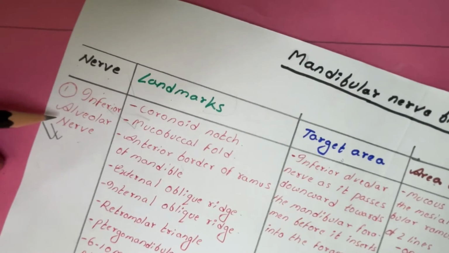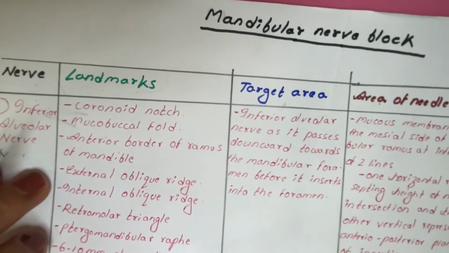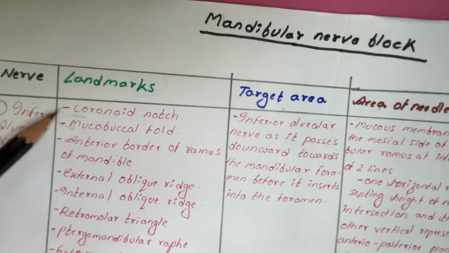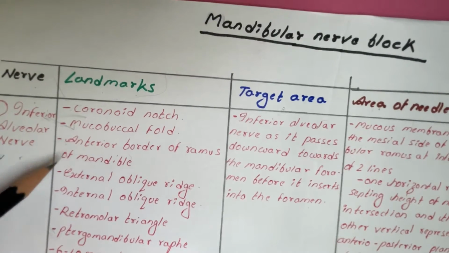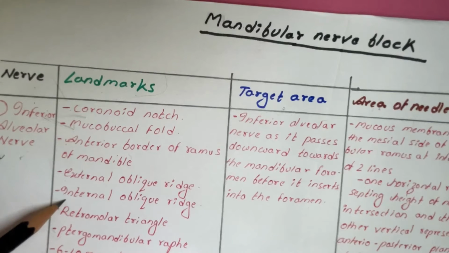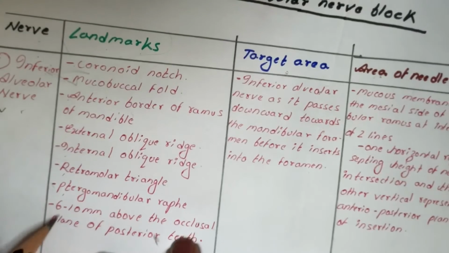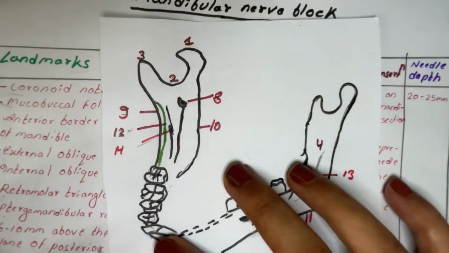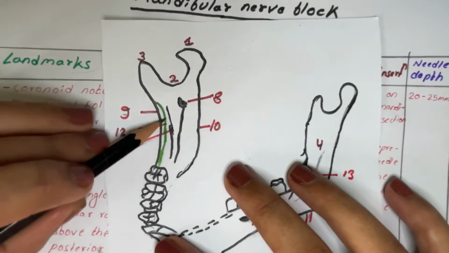At first, we are discussing the inferior alveolar nerve. In inferior alveolar nerve, the landmarks consist of coronoid notch, mucobuccal fold, anterior border of ramus of mandible, external oblique ridge, internal oblique ridge, retromolar triangle, pterygomandibular raphe, and 6 to 10 mm above the occlusal plane of the teeth. The green line represents the coronoid notch.